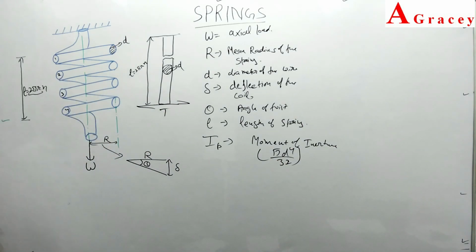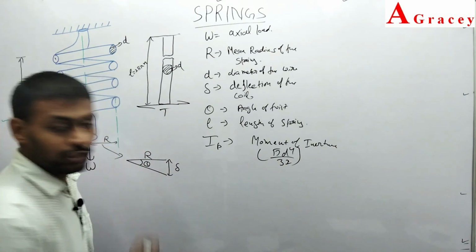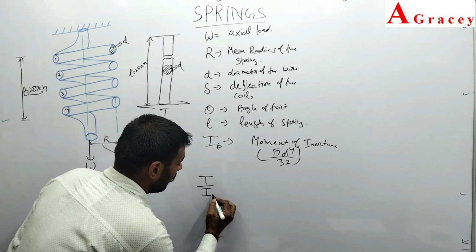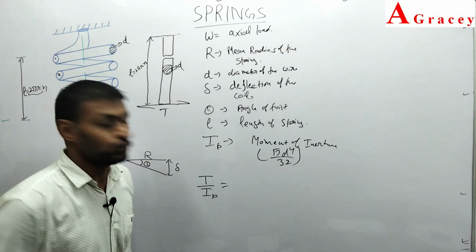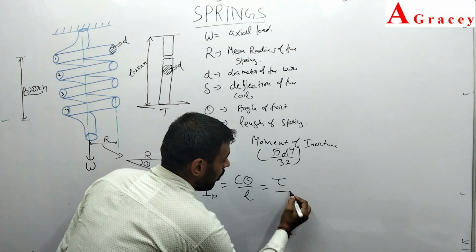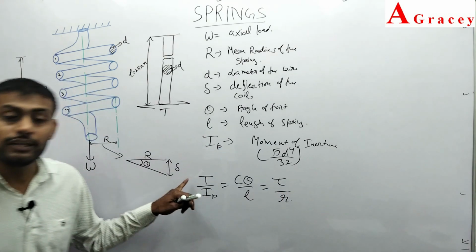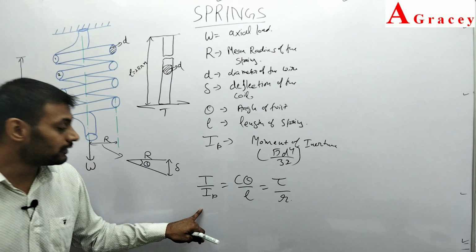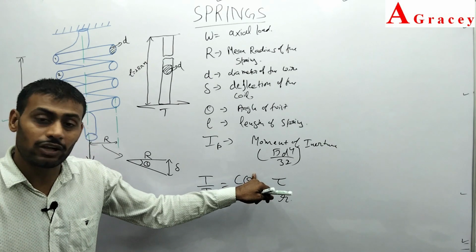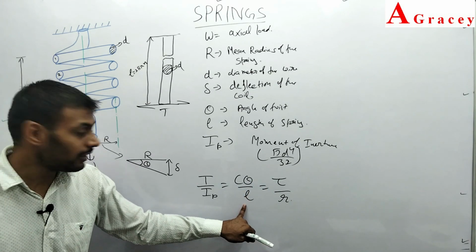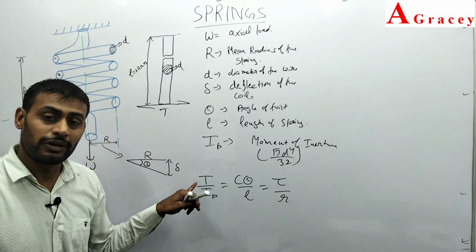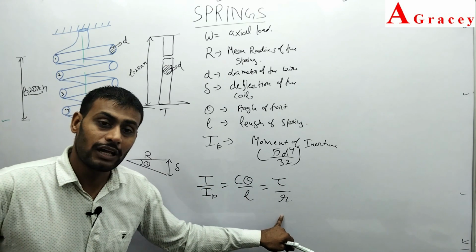Now from the torsion equation, T by IP is equal to C theta by L is equal to tau upon R. T is the torque, IP is the polar moment of inertia, C is the modulus of rigidity, theta is the angle of twist, L is the length of the member, tau is the shear stress generated within the member due to the torque T, and R is the radius.